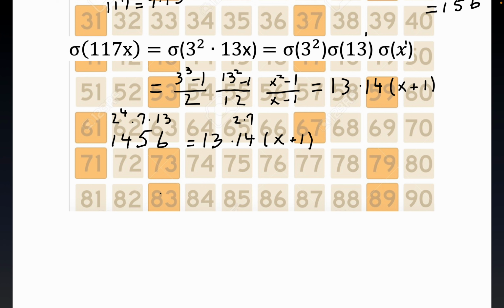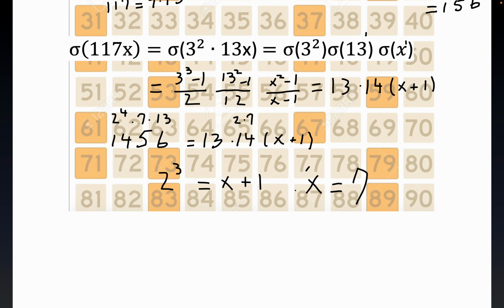So if you look at this carefully and look at the cancellations that would occur, one of these 2's will cancel with one of these 2's, leaving 3, and the 7 and the 13 will cancel out, right? So you end up with 2 cubed. And I love this. 2 cubed is equal to x plus 1. Without really lifting a finger other than the effort required to find this prime factorization. And so what you get is x equals 7.